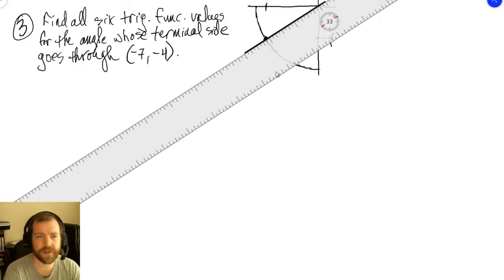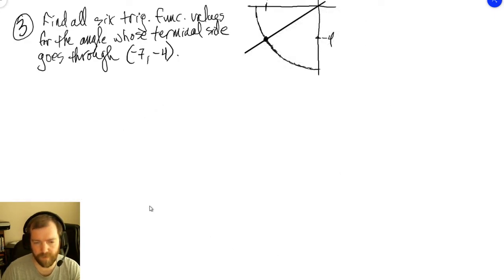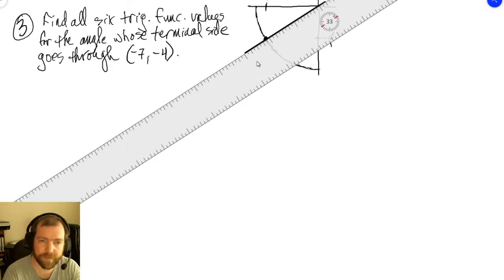The terminal side goes all the way through -7, -4. And the, oh, nope. Need that back. You'll see why in a minute.